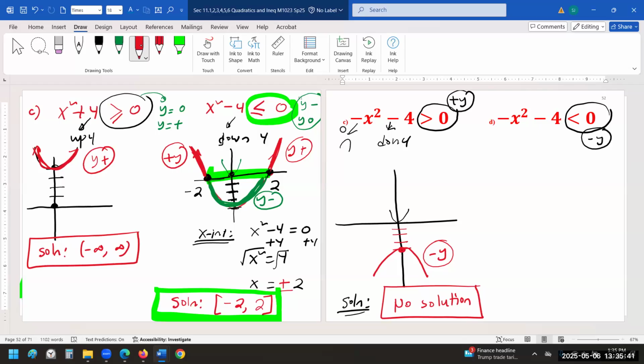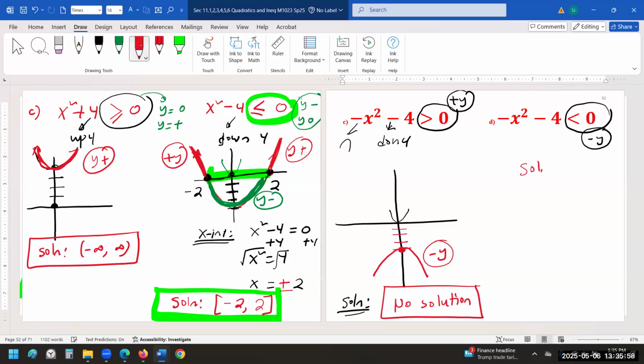The next question is asking where our y is negative. So where is our y negative? Everywhere, right? In the entire graph, our y is negative.